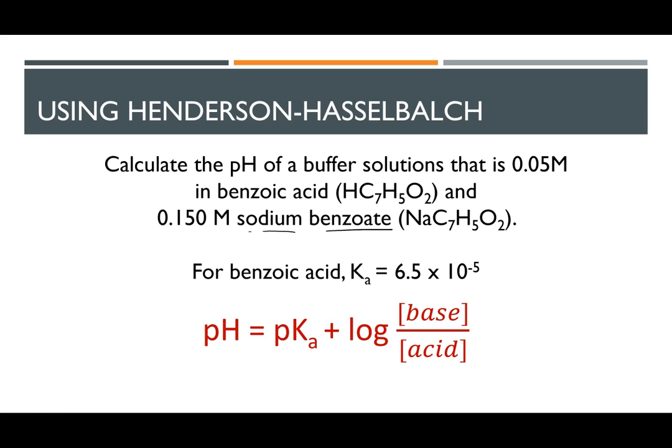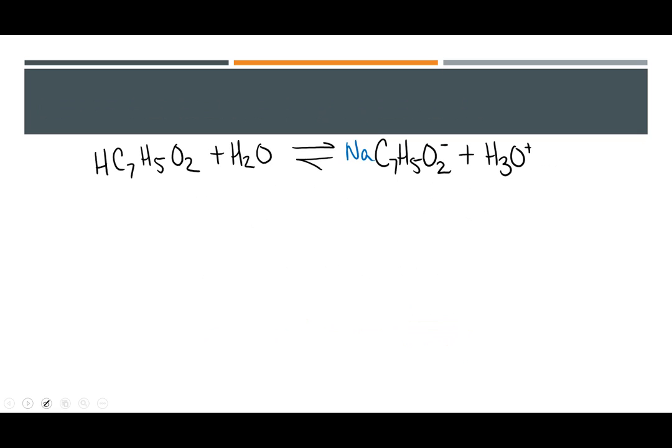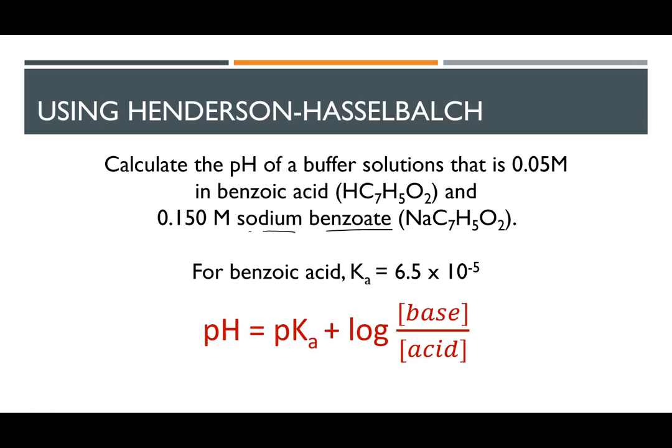Next, we can dive right into our Henderson-Hasselbalch equation. So pH equals pKa. So again, they give us the Ka value. So pKa is just the negative log of that value.